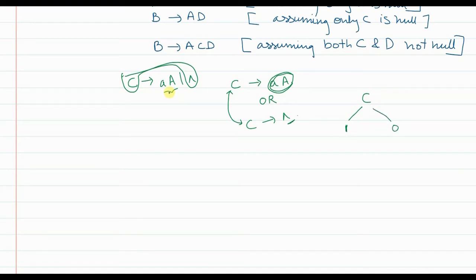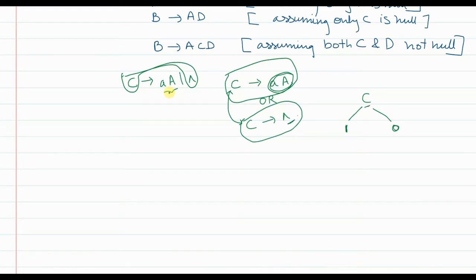C exists means C has a tendency to replace itself with something which is existent. That's why I have written 1 here. But C also has an ability to get exhausted, to convert itself to nothing or null. That is 0. That's why I say C is nullable.